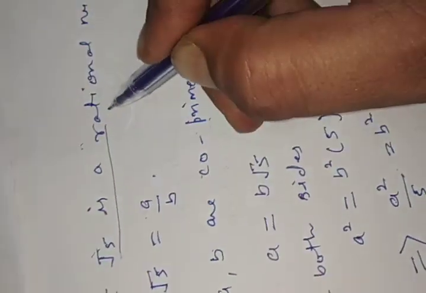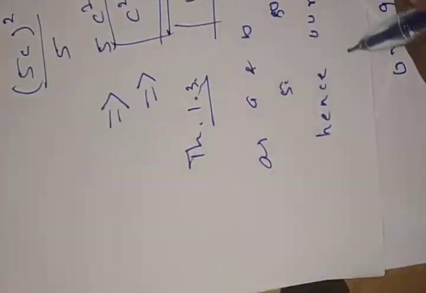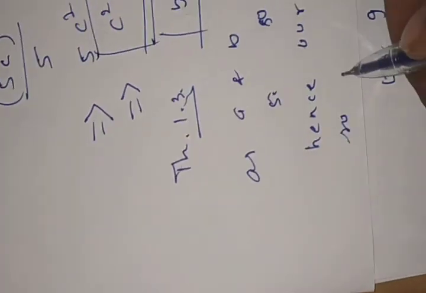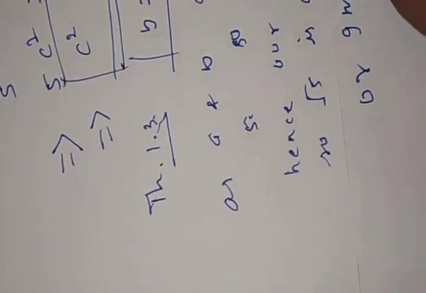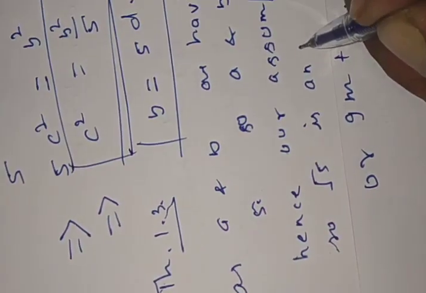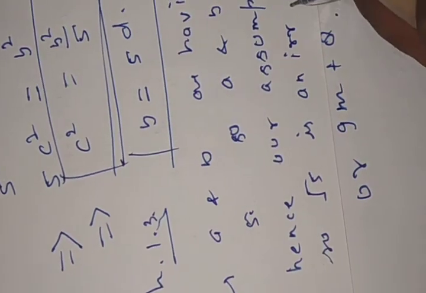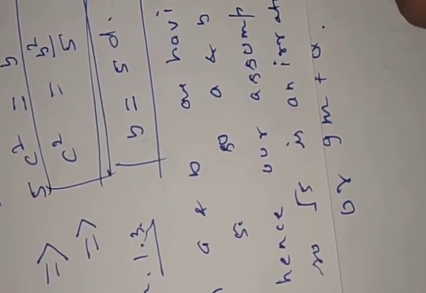Our assumption was root 5 is a rational number. It means we will say in the end of the question, so root 5 is an irrational number.